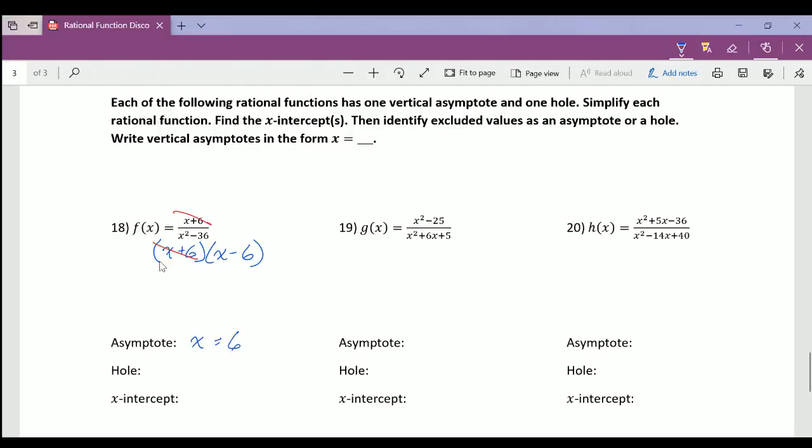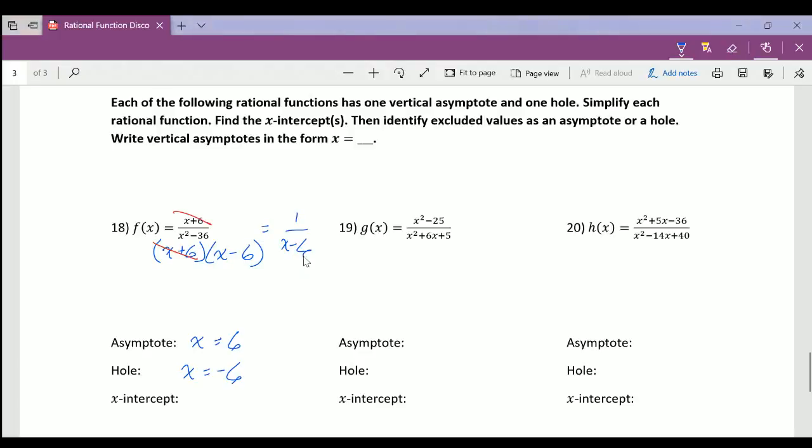The hole is going to come from this one here that canceled out: x equals -6. Now remember, the x-intercept is whatever would cause the top to be 0, which would be -6, but we already said that that is our hole. This simplifies to 1 over x minus 6.